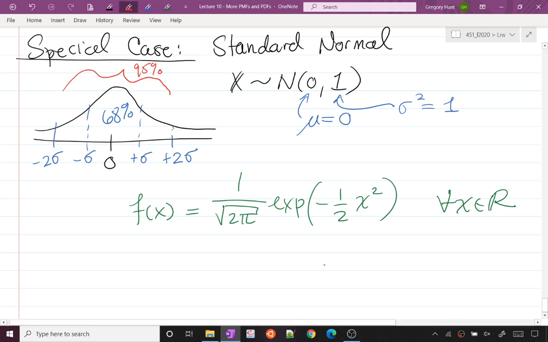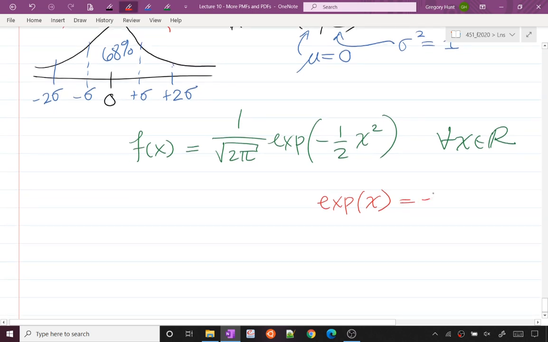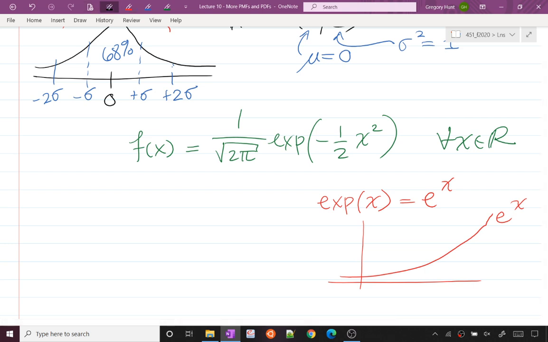So here, my notation, exp of x is just shorthand for e to the x. So the function looks, of course, like this. This is e to the x, right? So my question to you, let's get our terminology right: is this a valid probability density function?